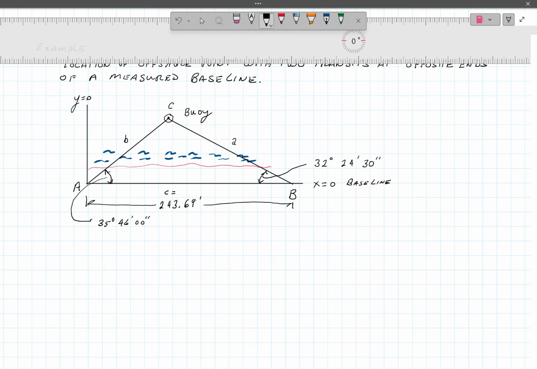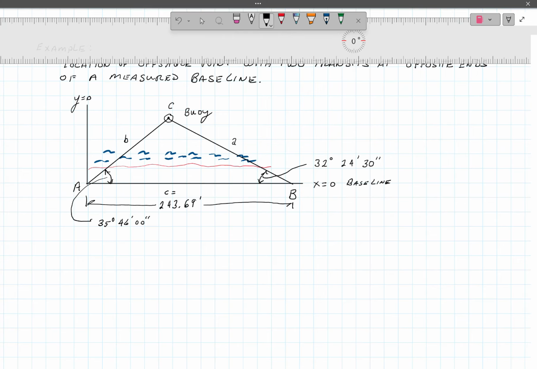And then the other bit is we know because it's a triangle that all the interior angles are going to be 180 degrees. So first step is let's find what this angle is up in here, and then we can truly find out what side B is, and then we can figure out side A.